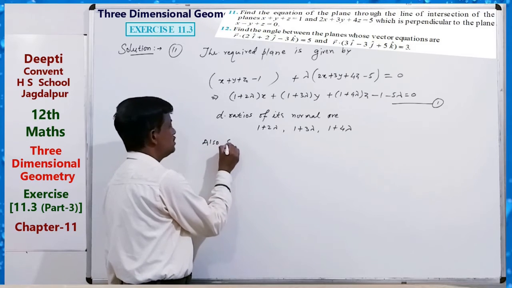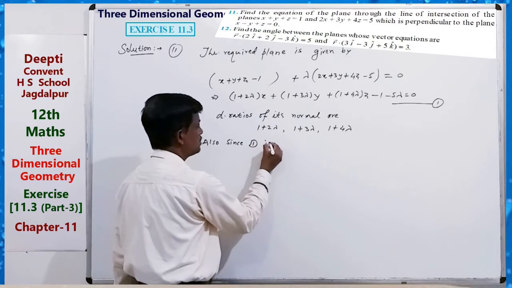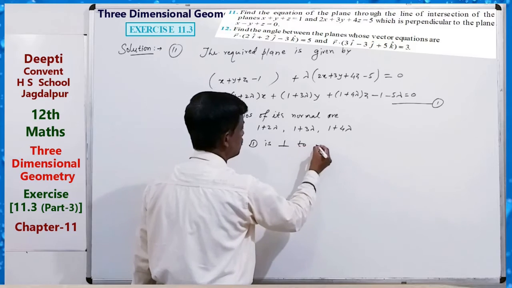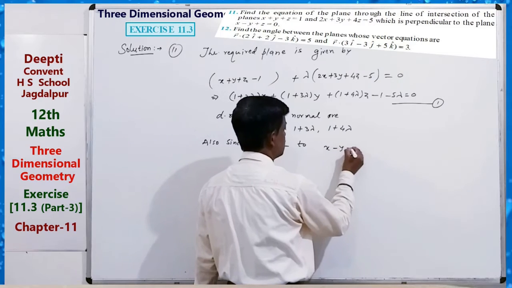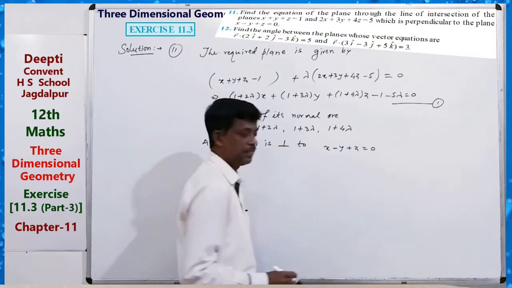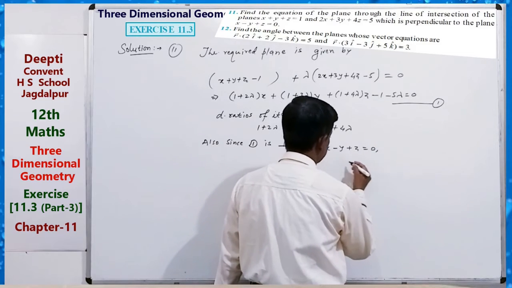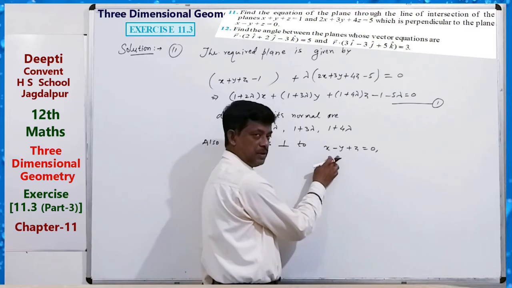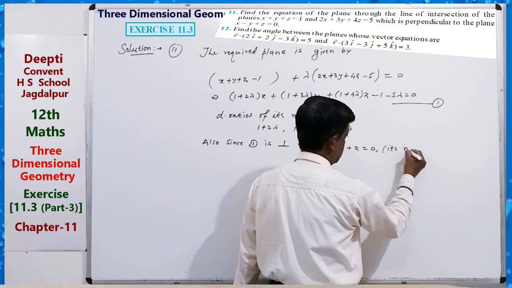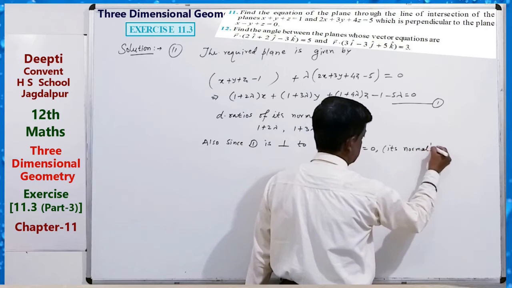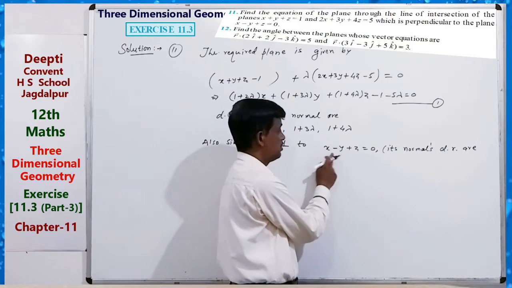Also, since it is perpendicular to the given plane x minus y plus z equals 0, the direction ratios of this plane's normal are 1, minus 1, 1.